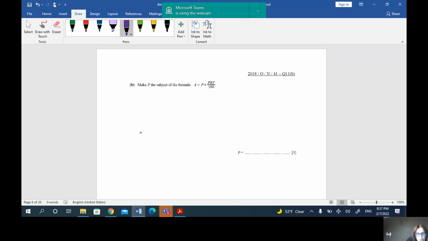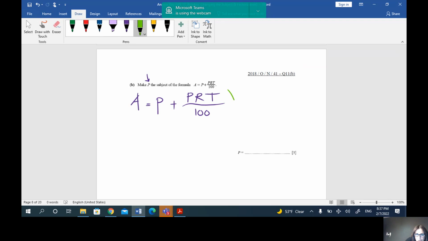We have this formula here. A is equal to P plus PRT over 100. And we're making P the subject. So we need at first to get rid of the denominator.